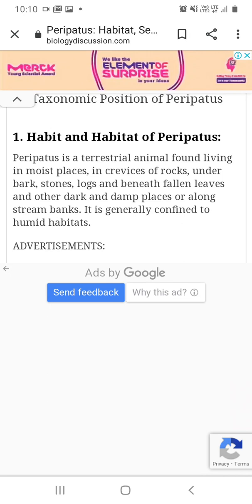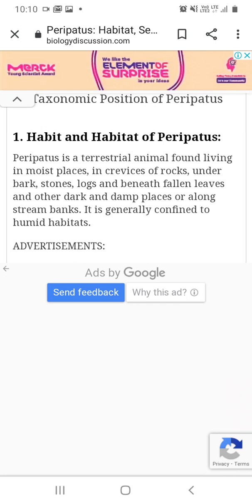Good morning, students. In today's class, I will be discussing the habitat, external morphology, and the systems found in Peripatus. As I have already mentioned in earlier classes, Peripatus is the connecting link between phylum Annelida and phylum Arthropoda.